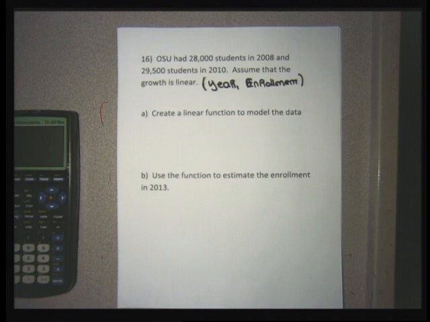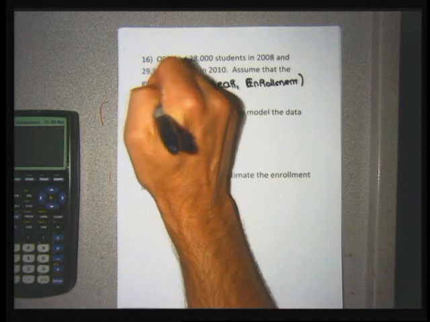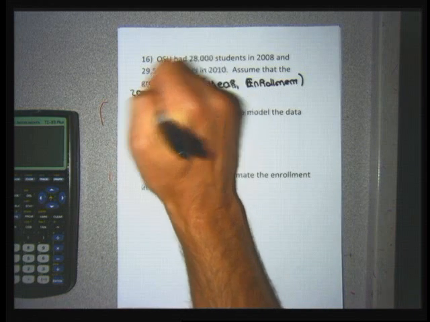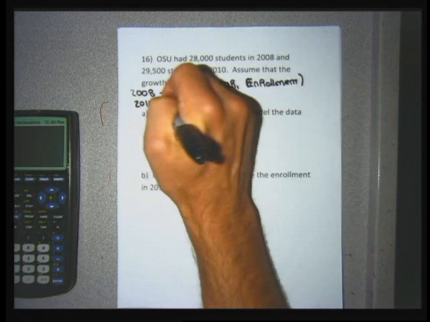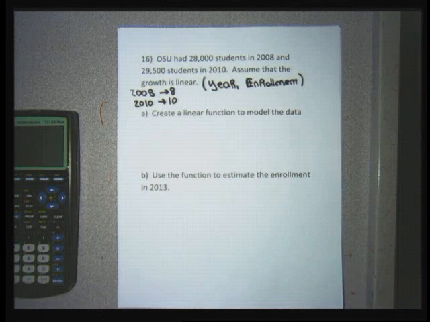And what I'm going to do is make my numbers smaller. For the year 2008, I'm going to use the number 8. For the year 2010, I'm going to use the number 10 to keep my numbers at a reasonable size.